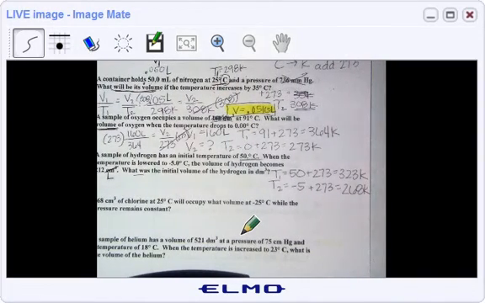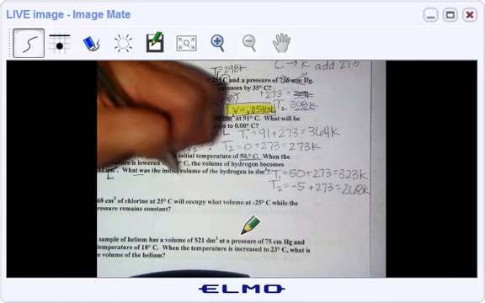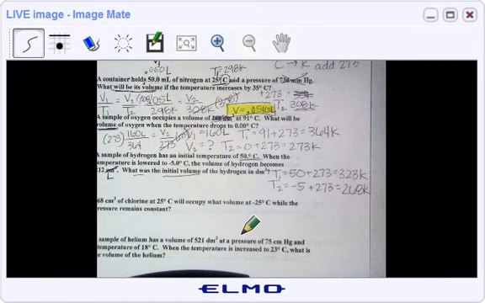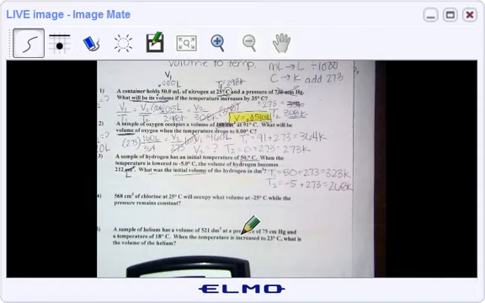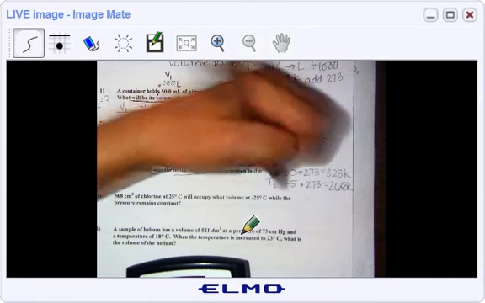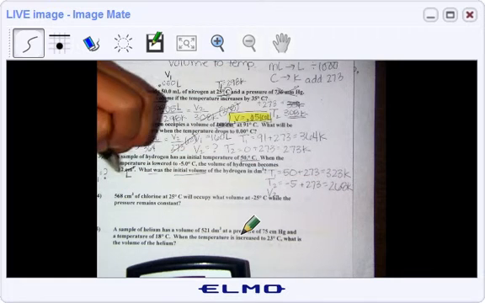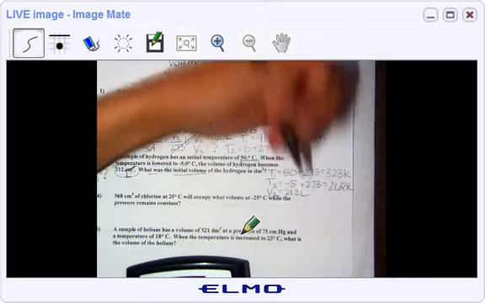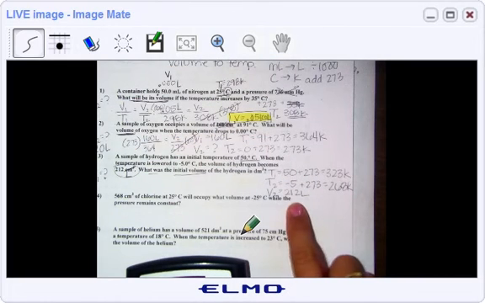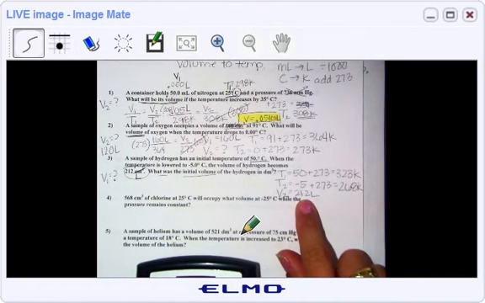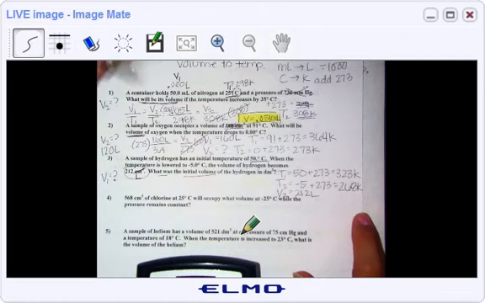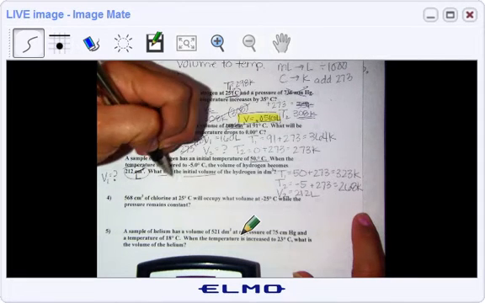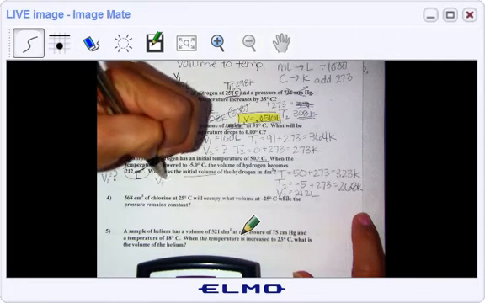What's your initial volume? So right away we know we're looking for V1. V2 is right here. I'm going to plug everything in. V1, we don't know.